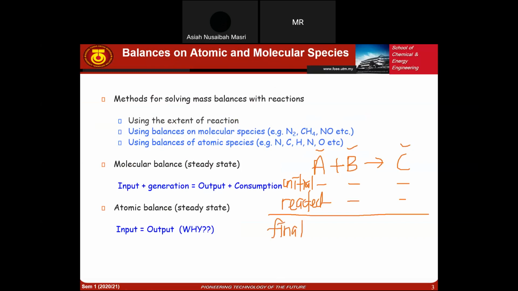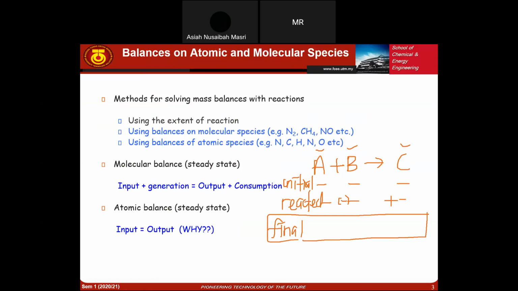So what do we do? For the reactant, we just deduct from the initial how much it reacted. While for the product, whatever we initially have, we add up with how much is generated. Then we will know the final output. From there, we can calculate the final composition of the output. So that's the first method, which is the simplest method.